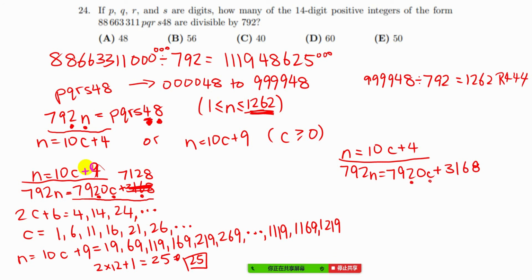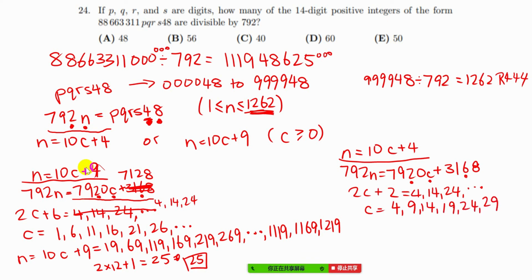So 2 times c plus 6 equals 4, 14, 24. For this one, oh wait, yeah, this is also 4, 14, 24. So for this one, 2c plus 2 equals 4, 14, 24, and so on. And then for the c, it would equal 4, 9, 14, 19, 24, 29, 34, 39, and so on.